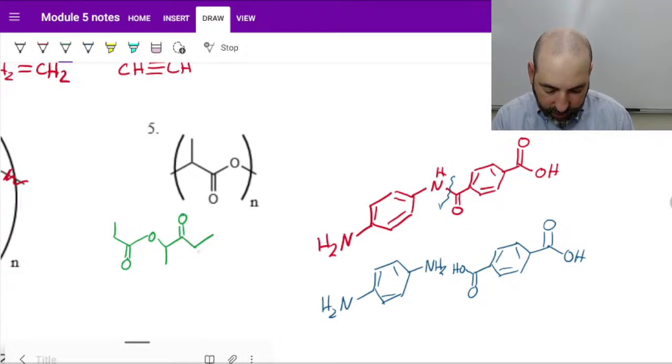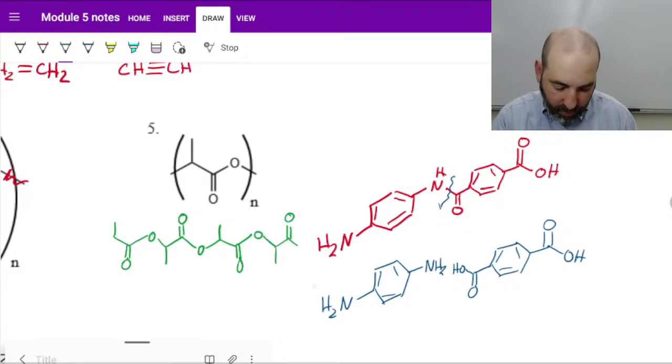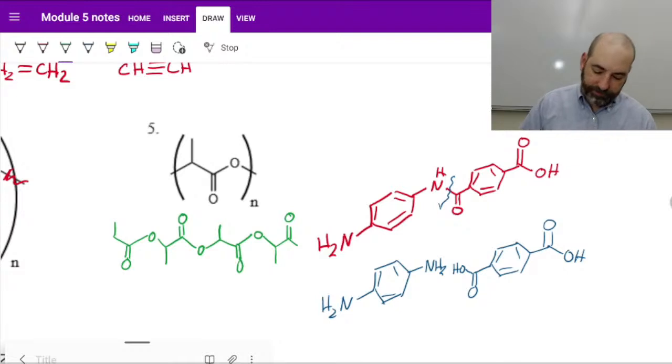I'm going to flip the direction just to keep the zigzag going. I keep hitting some button or something here, sorry. So this is what that polymer would look like if we keep going and keep going and keep going.